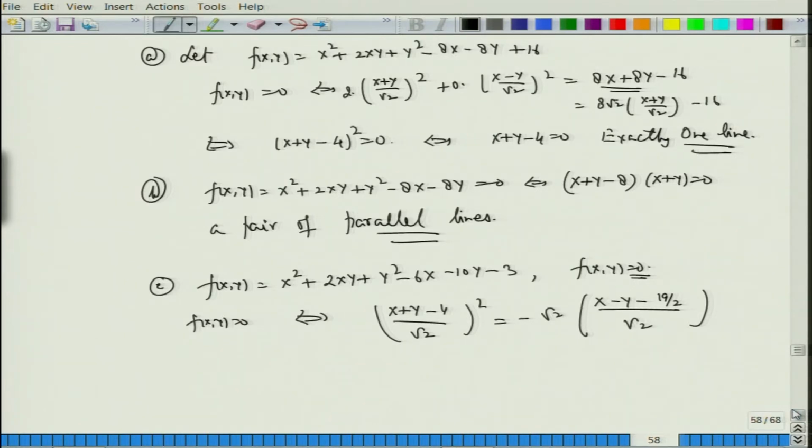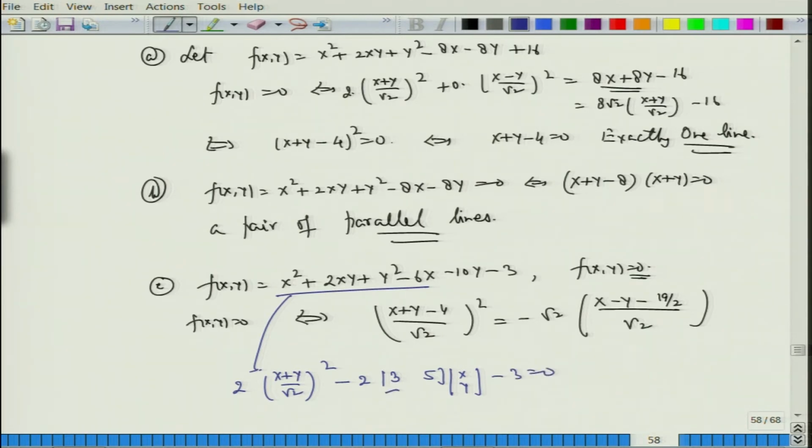So this is what I want you to understand, that in general I will get some constants. If I want to play with this, all right, I am getting here x plus y upon root 2 whole square into 2, fine, minus 6x minus 10y here, minus 3, equal to 0. I am getting this.